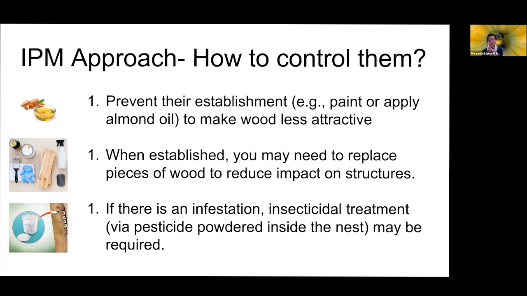And if the problems increase and there's an infestation, there may be a need for treatment with insecticides. And so these insecticides are applied usually in a powder form inside the nest. But it is important to keep in mind that you need to contact someone that has a pesticide license to apply these treatments. So these are the three different steps or recommendations for how to deal with carpenter bees in your house.